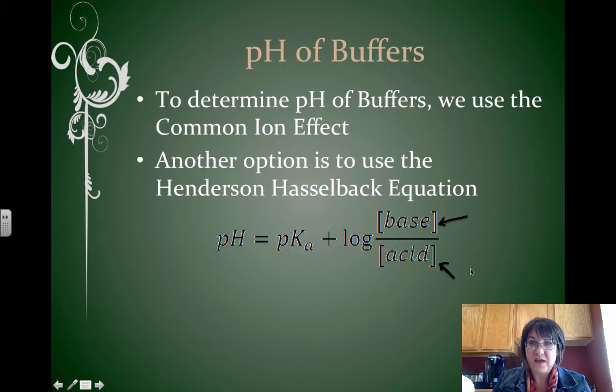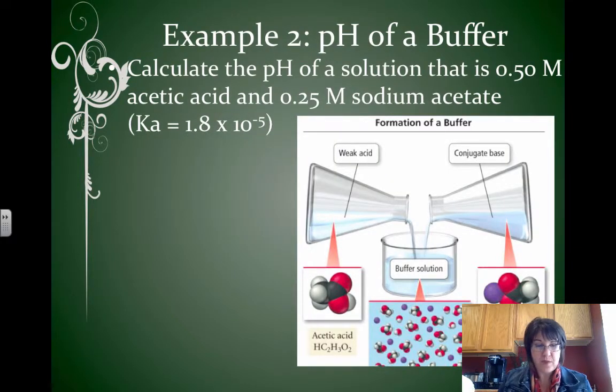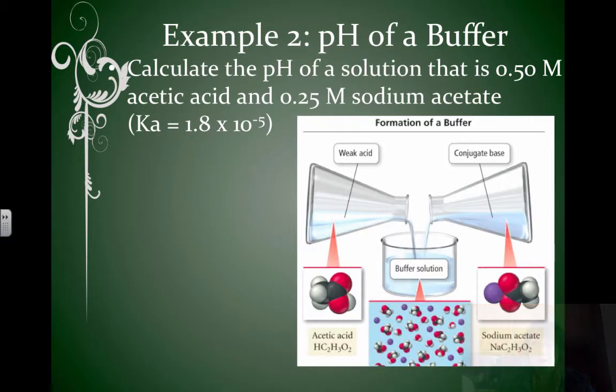So the weak acid and its conjugate base, you just put their concentrations in, and you can use the Henderson-Hasselbalch equation to solve the pH. I'm going to use the common ion effect rather than the Henderson-Hasselbalch, but then when we talk about how to create a buffer, you'll see me use the equation.